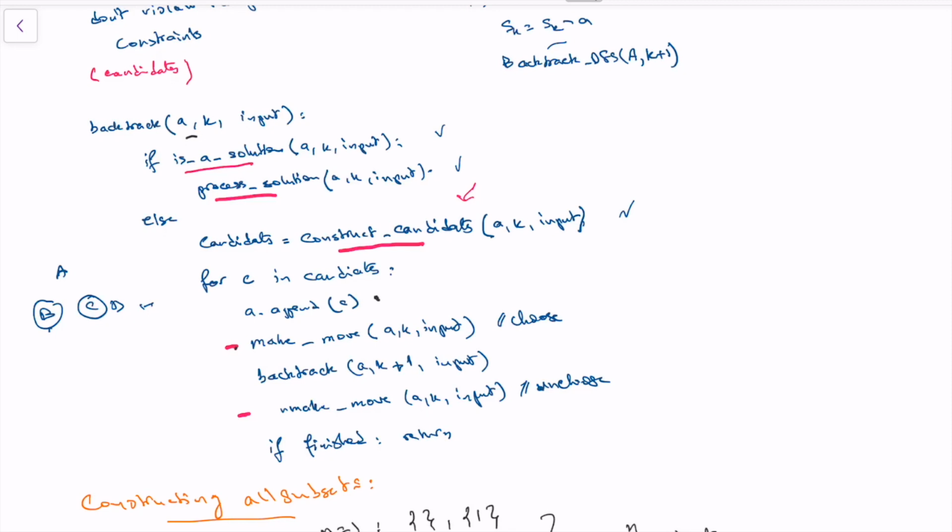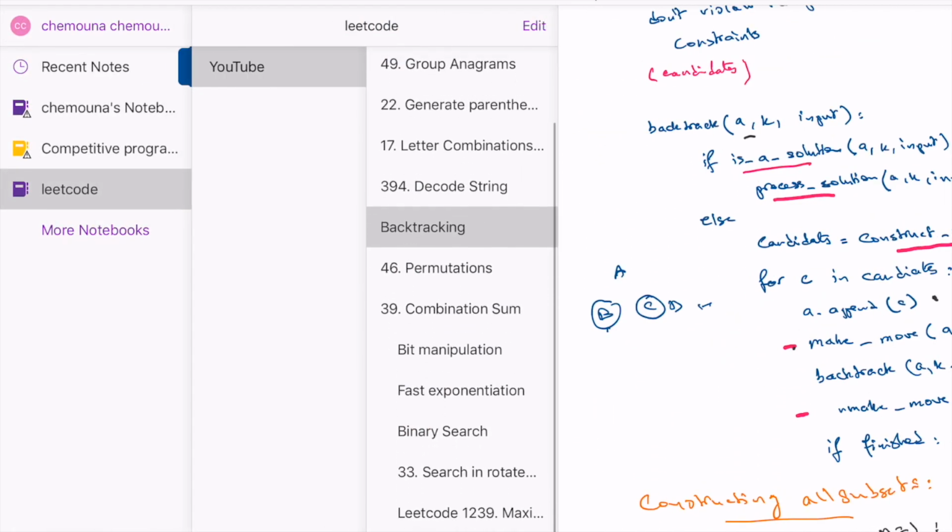Trying each one of them means considering that element, or making a move using that element, and then backtracking to the next position. And then once you are done, you unmake or remove the choice that you just made so that you can try another choice. And so that's what we will be applying here.